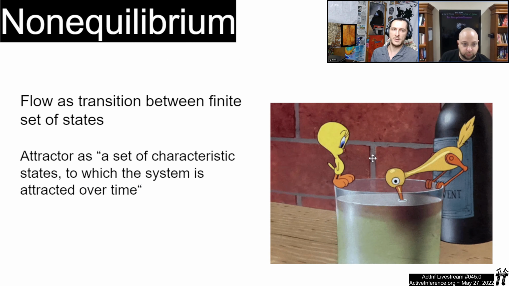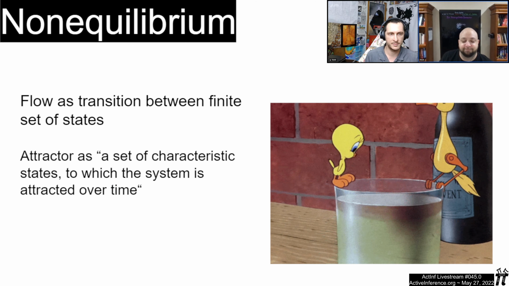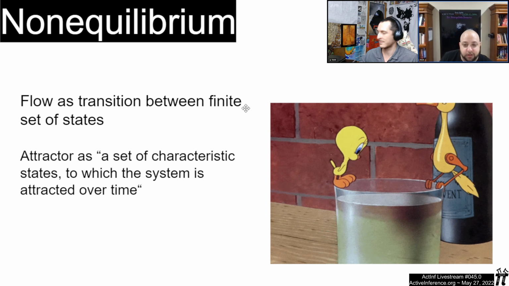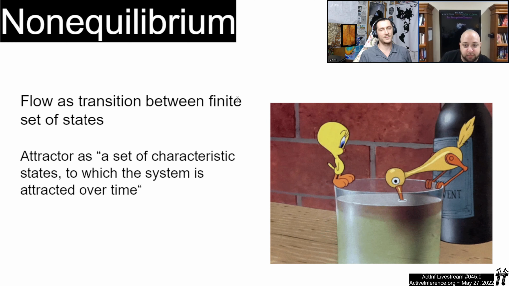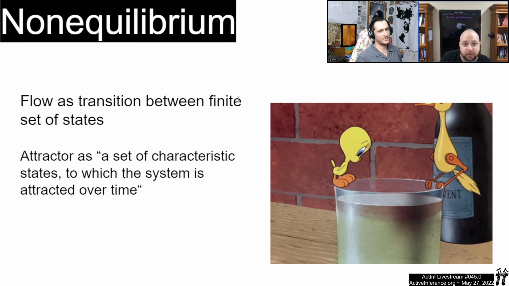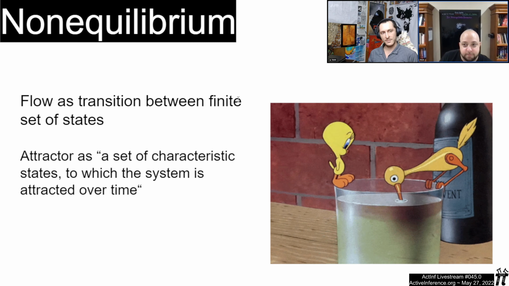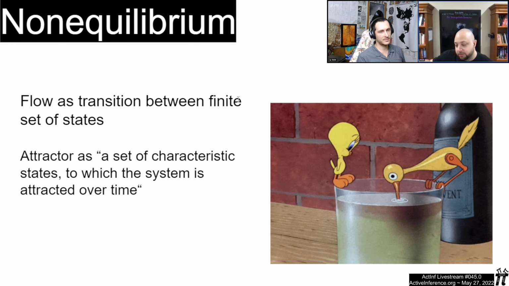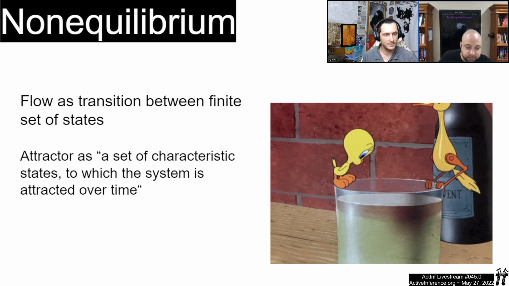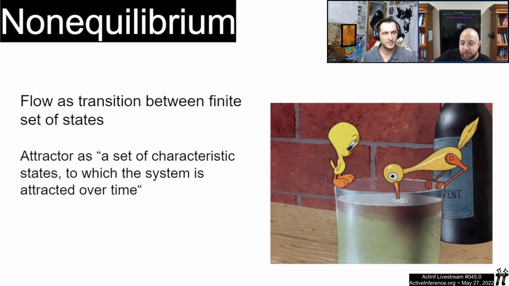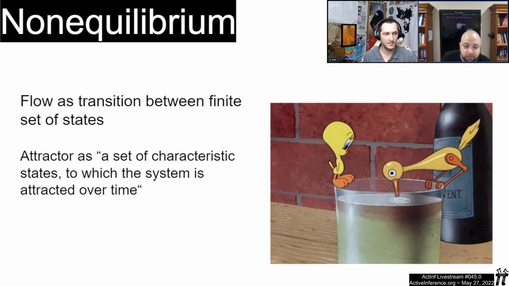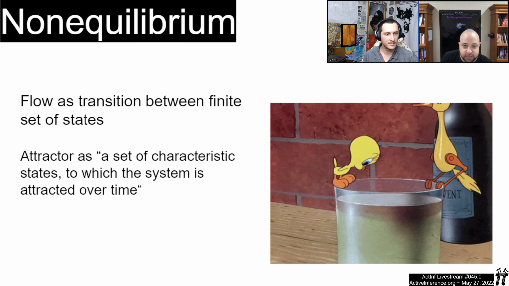How about Nonequilibrium? This is, I think, a much fuzzier topic. Like the tradition, historically, science studied equilibrium state systems, and non-equilibrium state systems are relatively newer things.